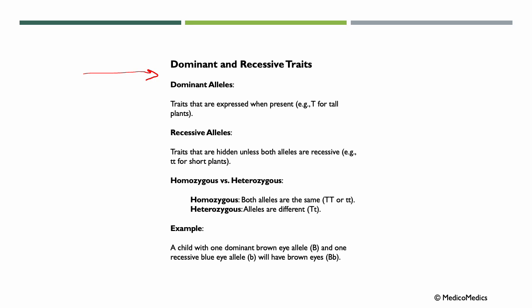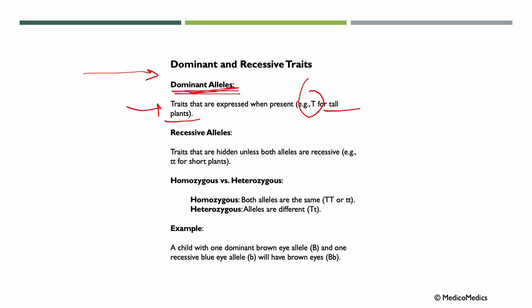Now, dominant and recessive traits. So dominant alleles are traits that are expressed when present. So for example, capital T for tall plants. Meaning dominant traits win over recessive traits. But recessive traits can appear if both parents actually pass them on.